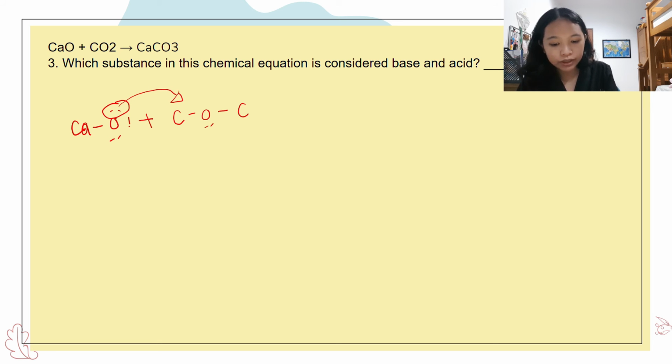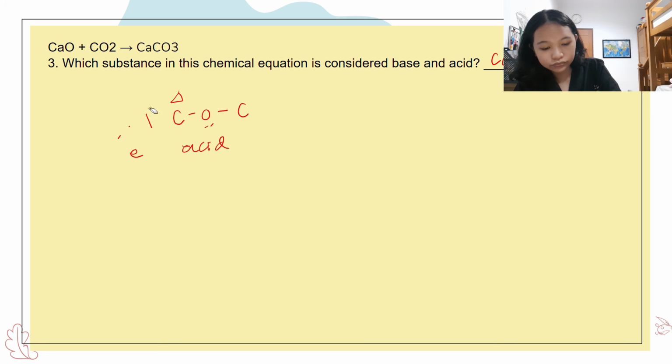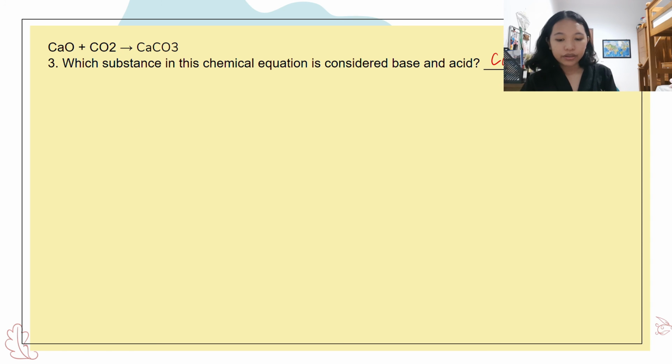So what it means is that it's giving away electrons. So the one donating electrons is the base, while the one receiving electrons is the acid. So to answer this question, the base is CaO and the acid is CO2. Okay, let's erase this first.